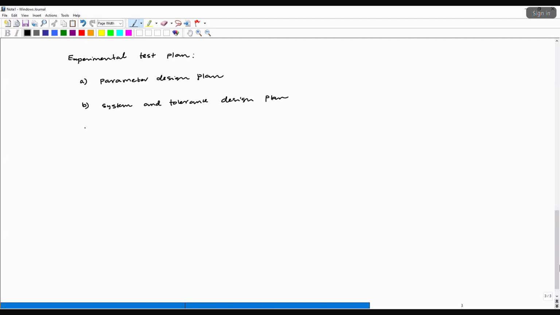And finally, you need to talk about the data reduction design plan. Under the data reduction design plan, once you have your data, you must plan to analyze the data and make it presentable.